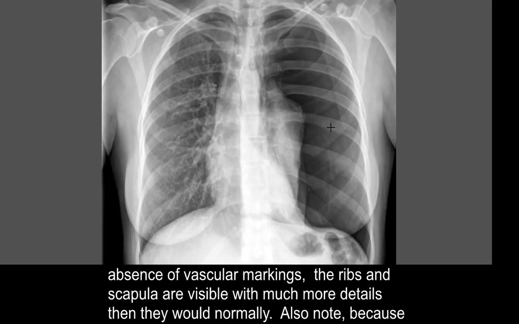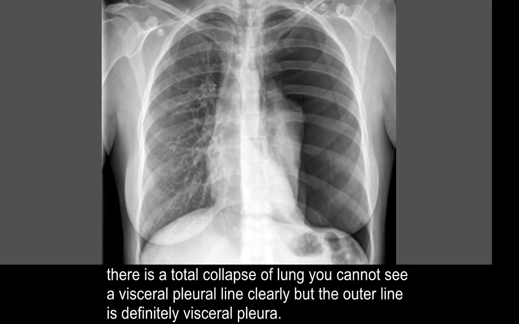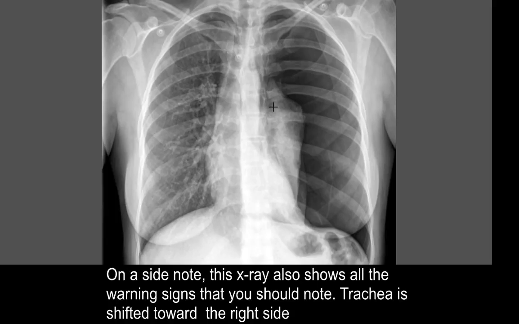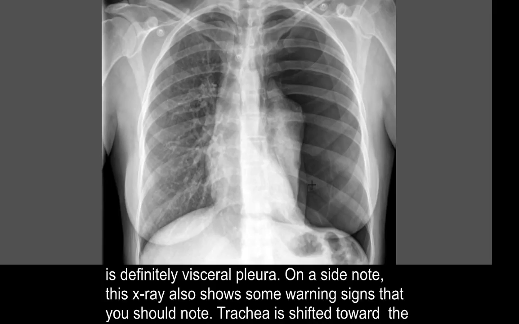Now, because of absence of vascular markings, the ribs and scapula are visible with much more detail than they would normally be. Also note, because there is a total collapse of lung, you cannot see the visceral pleural line clearly, but the outer line is definitely visceral pleura. On a side note, this x-ray also shows some warning signs that you should note.